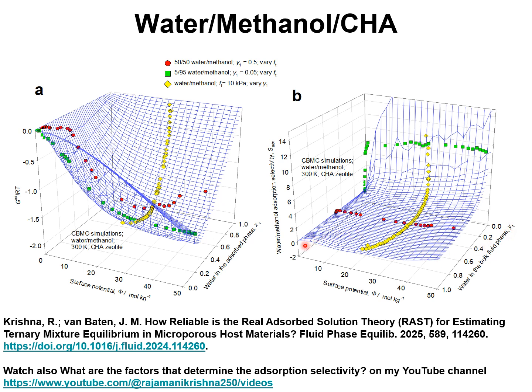The variation of the adsorption selectivity is seen to depend on just two parameters, phi and the mole fraction in the adsorbed phase. The details of these calculations are provided in my paper in Fluid Phase Equilibria.